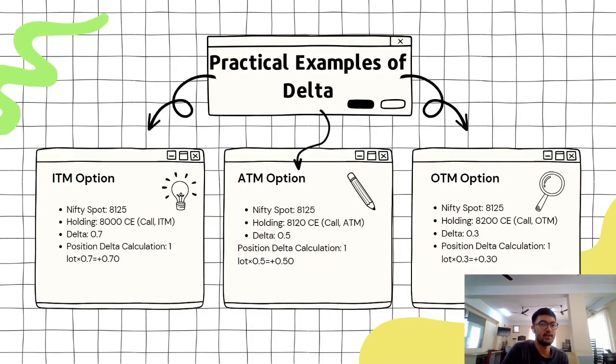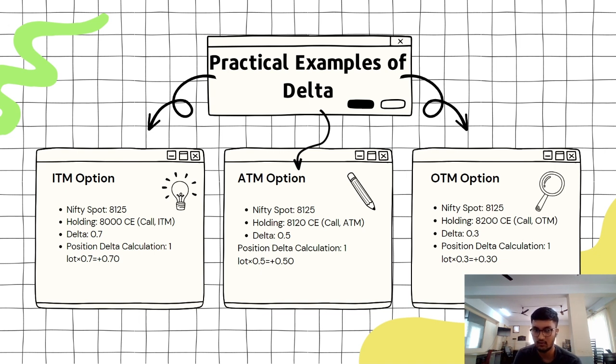Practical example of delta. Nifty spot price, meaning the current price, is currently trading at 8,125. What I am holding is an in the money 8,000 CE call option.